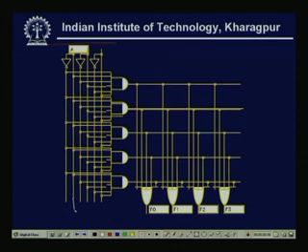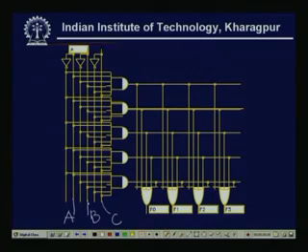Since the output expressions also contain complemented variables, first I realize A bar, B bar, C bar by giving 3 inverters.